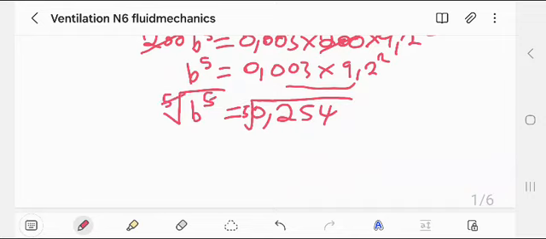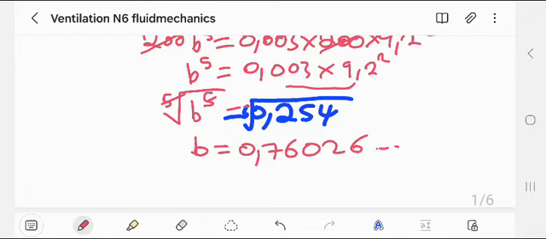This will cancel that, and I'll be left with b. Then I punch this in: shift, root 5. You must press shift root 5. Then you put 0.254, and you will get b equal to 0.76, and so on.